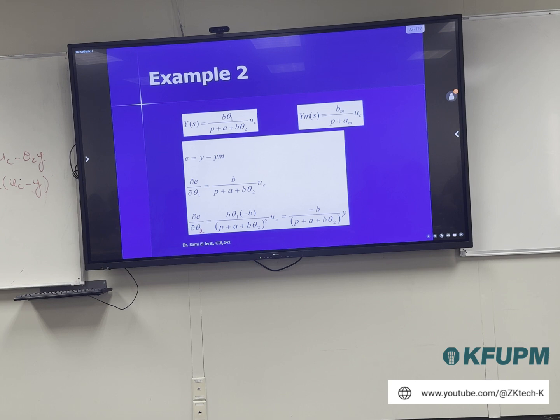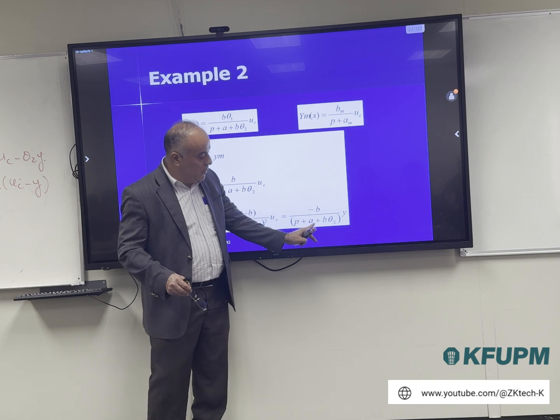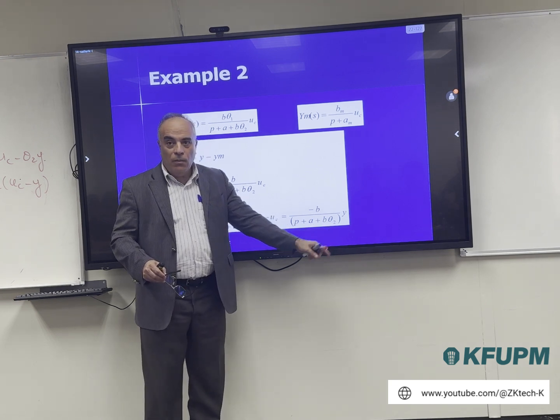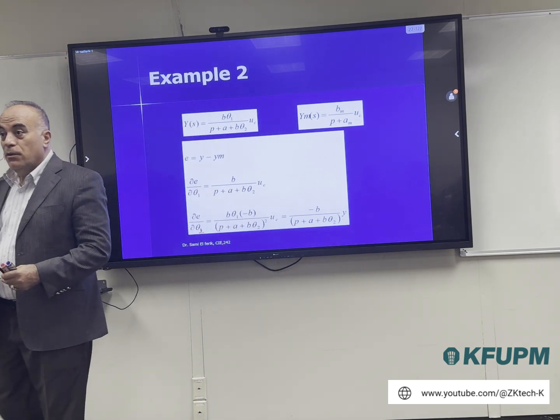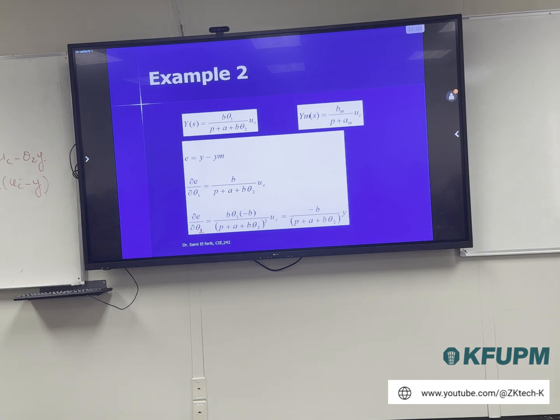Mathematical manipulations. We are going to assume that our system, this represents the system in closed loop, P plus A plus B theta 2. We are going to assume that this equation, although we don't know B, is very close to what we desire.